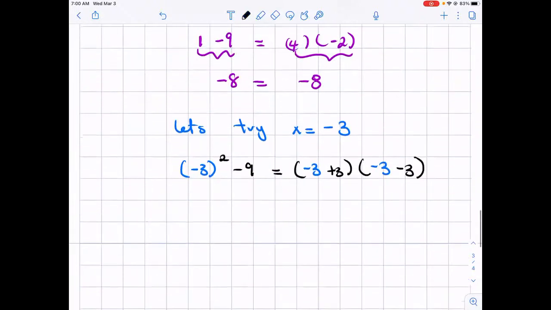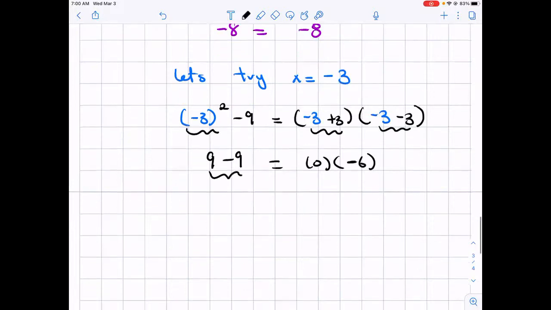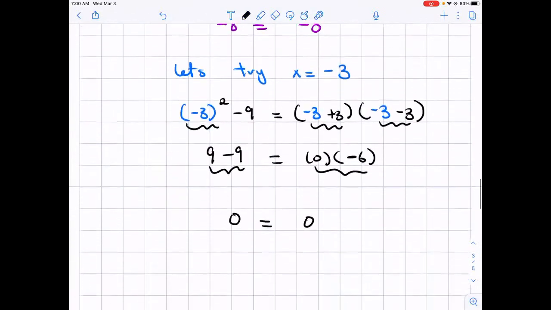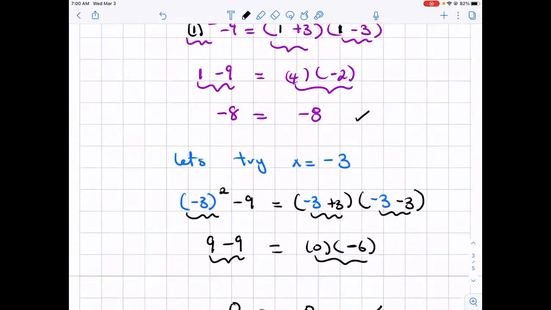I'm plugging in negative 3 for all the x values. Now if I simplify this, it becomes 9 minus 9 equal to minus 3 plus 3 which is 0, times minus 3 minus 3 which is minus 6. 9 minus 9 is 0, and 0 times any number is 0. So this also checks. This is a true statement.